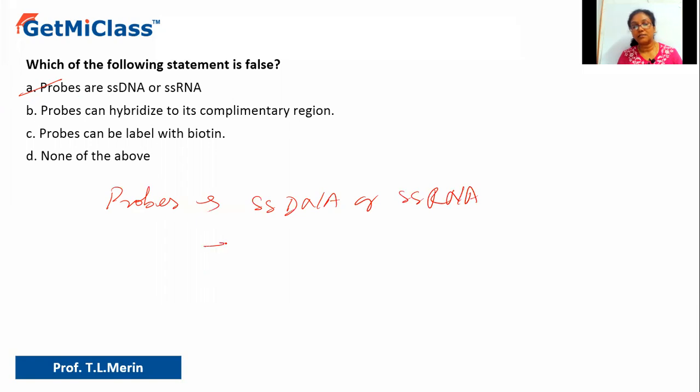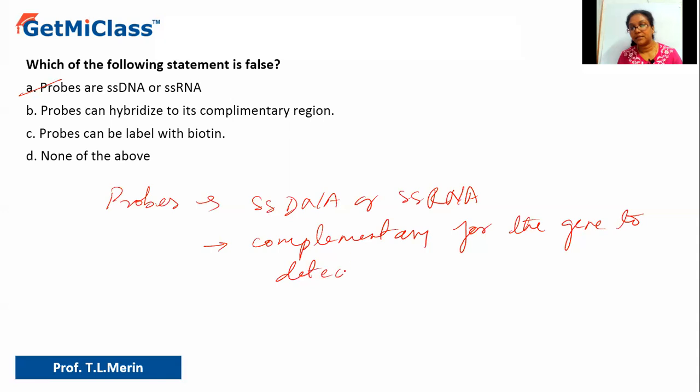Basically, these are complementary for the gene or sequence to be detected. So if we want to detect a particular gene or a sequence, we create a probe for it, which is complementary to this particular gene.